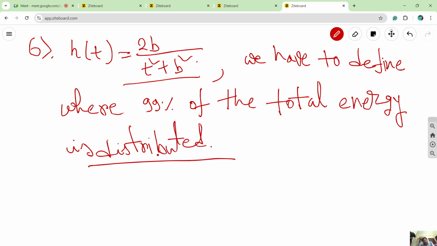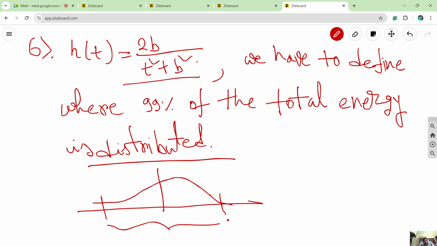So for that we have to think, suppose this is the spectrum and mostly the 99% of the energy is distributed within this particular pattern. So this is minus F99 and this is plus F99. So we have to find what is the range.